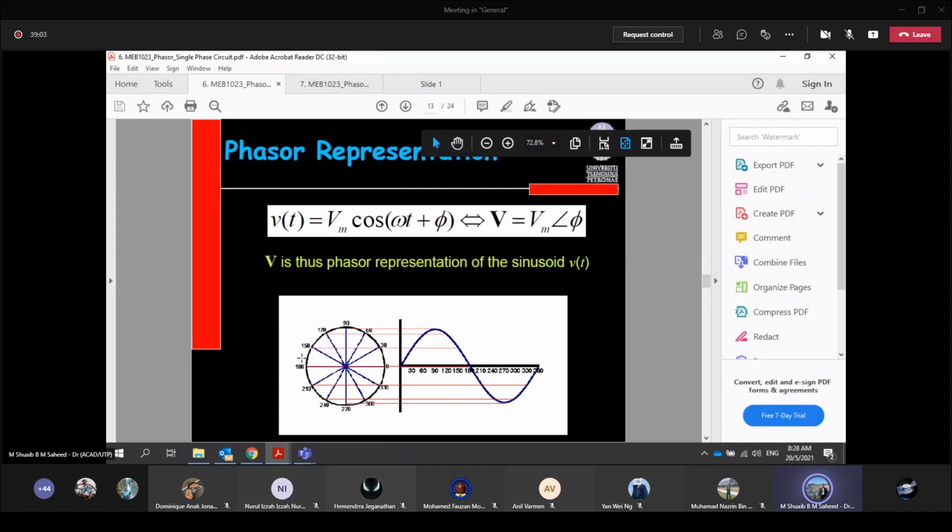You just draw it, then it is easy for you to analyze. That's why we engineers and scientists try to make complex things easier: easier to analyze, easier to understand, and easier to explain. That's the main reason we have this phasor representation. So embrace this concept, guys.